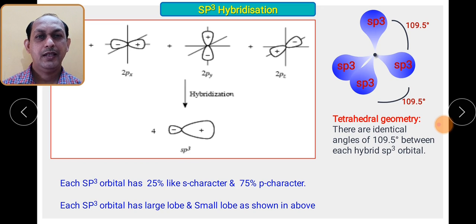So we can say the sp3 orbitals have only 25% s character and 75% p character. As we move from sp3 to sp2 to sp, the percentage of s character increases gradually. So remember this particular characterization. This is very important. As we have seen, sp3 has one larger lobe and one smaller lobe.